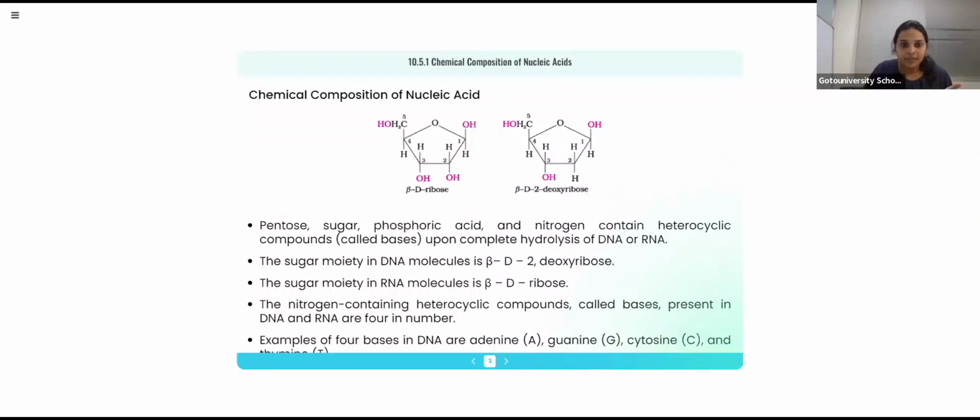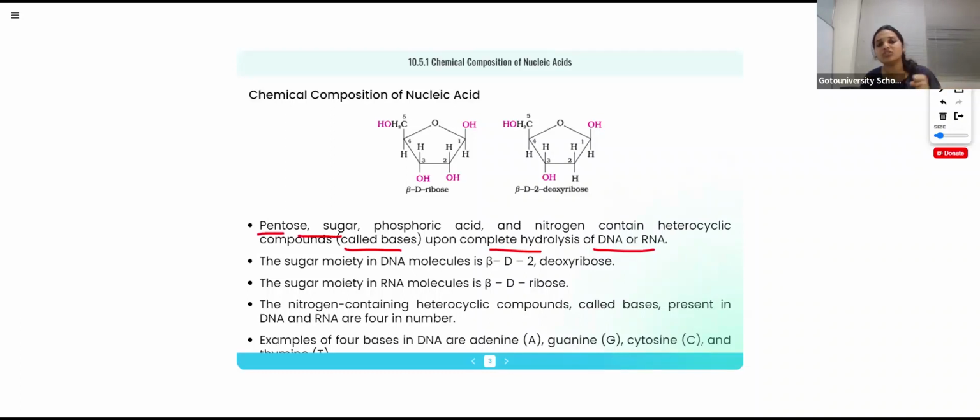Listen. Pentose sugar, phosphoric acid and nitrogen-containing heterocyclic compounds called bases are obtained upon complete hydrolysis of DNA or RNA. When you are doing hydrolysis of a DNA molecule or an RNA molecule, what components are you getting? You are getting a pentose sugar.